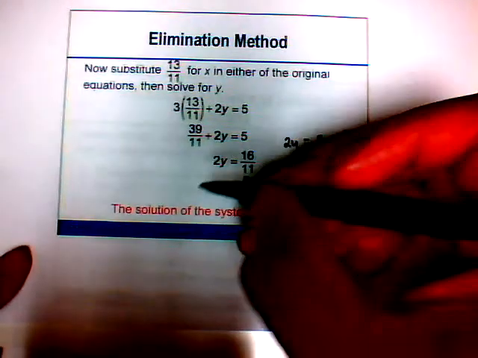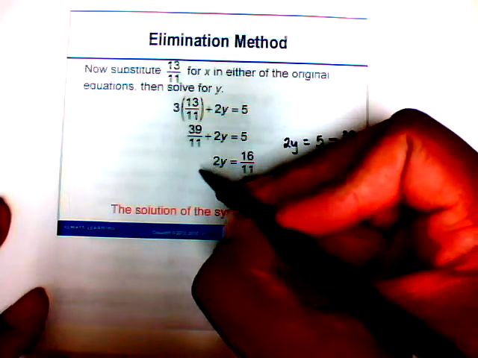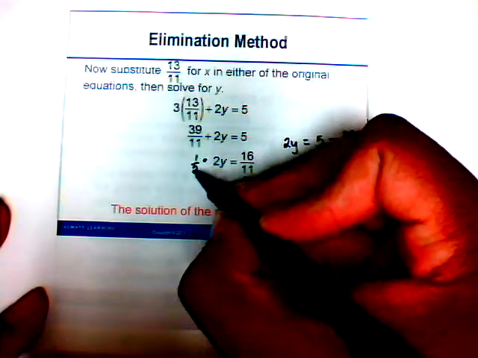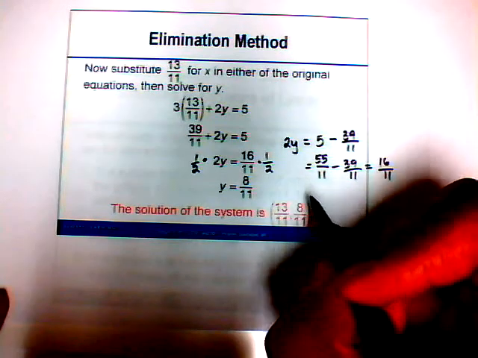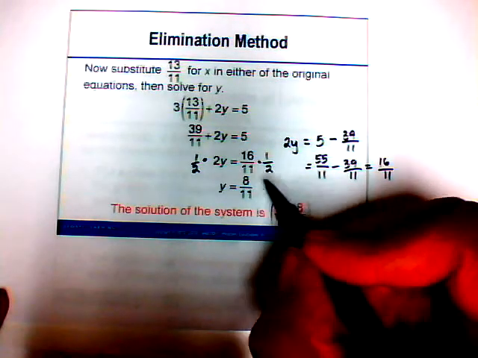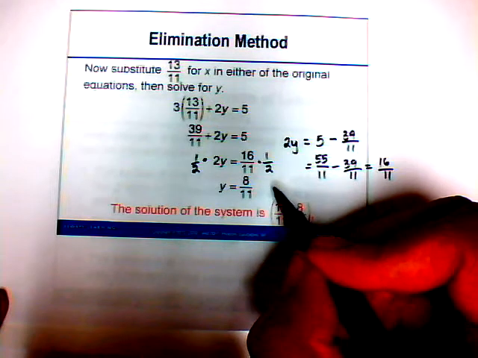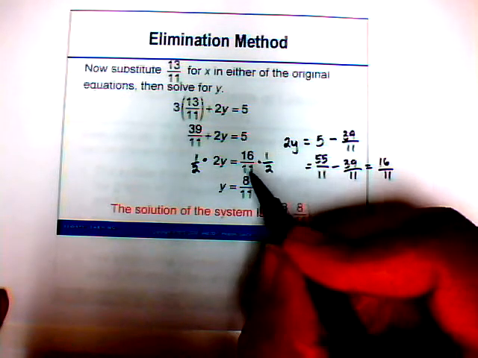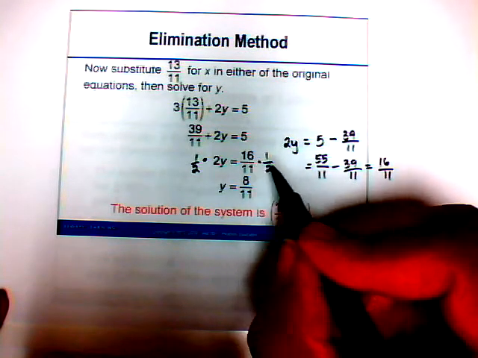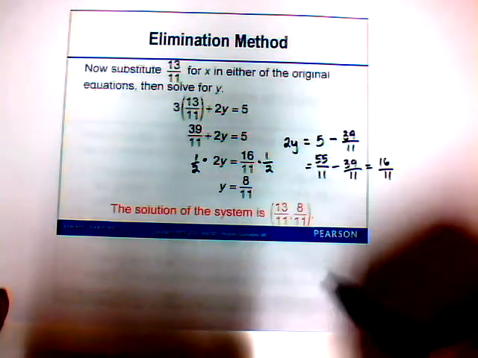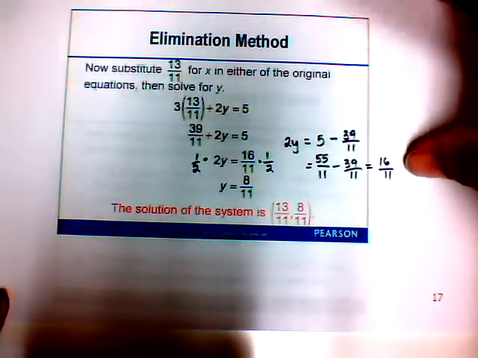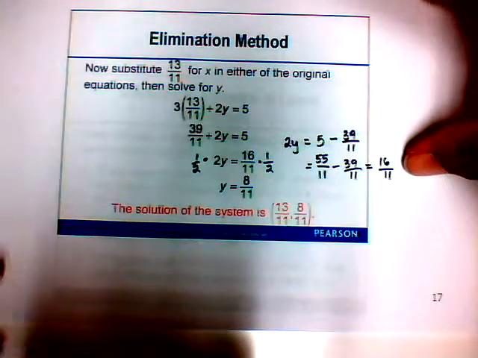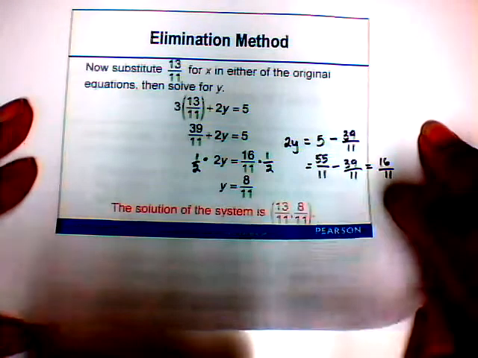Then divide by 2, or an easy way, the reciprocal of 2 is 1/2. Multiply both sides by 1/2, which will give you 16 over 22. If you multiply numerator times numerator, denominator times denominator, that would be 16 over 22, but you'll reduce that to 8/11. So that solution there will be 13/11 and 8/11 as your ordered pair.